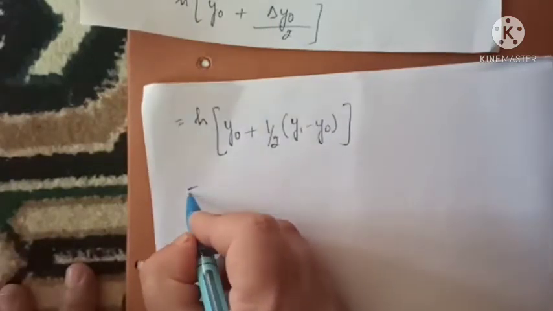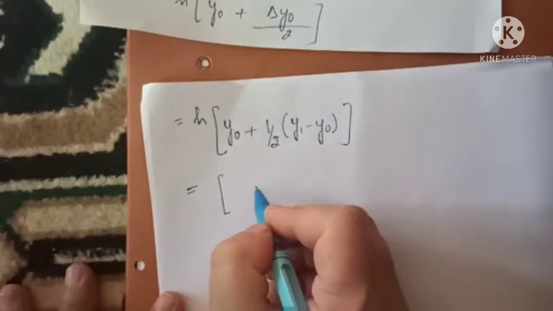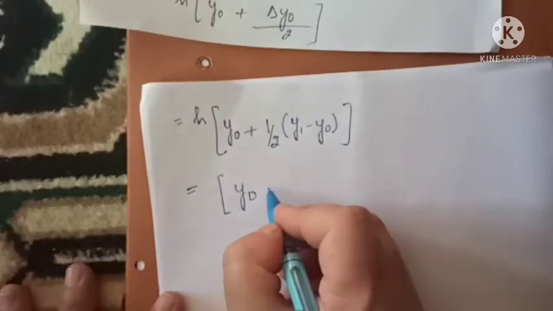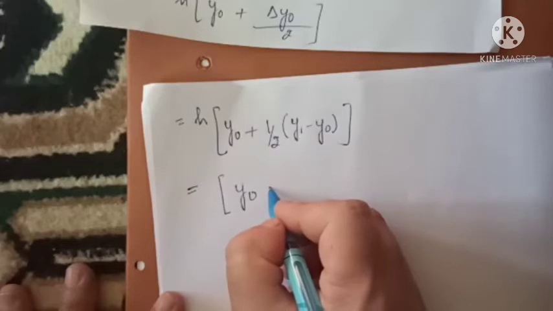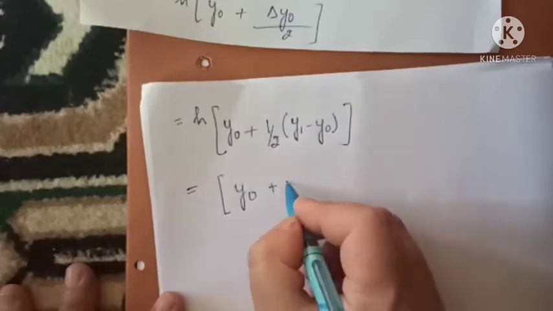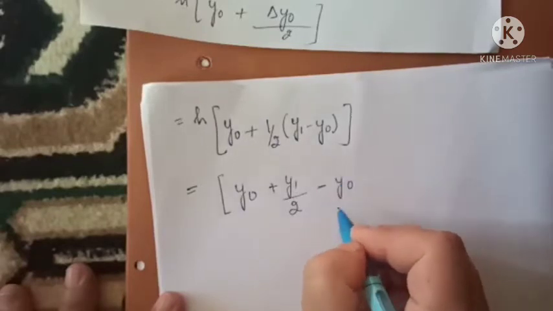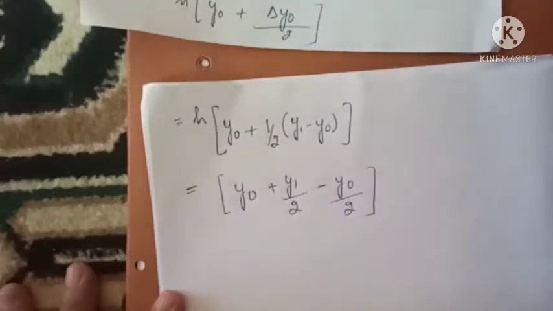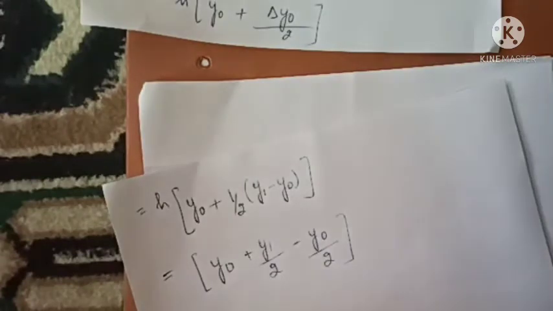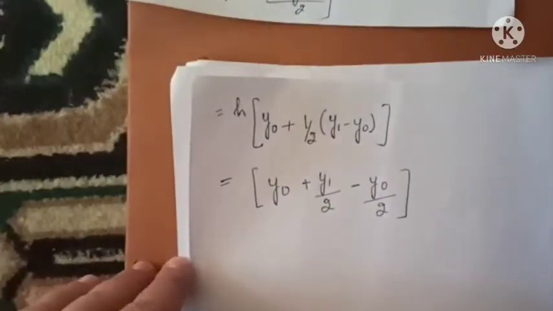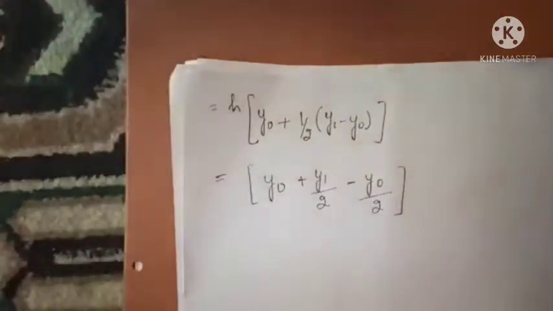Now this will be equal to y0 plus y1 divided by 2 minus y0 divided by 2. Now, wait a second.